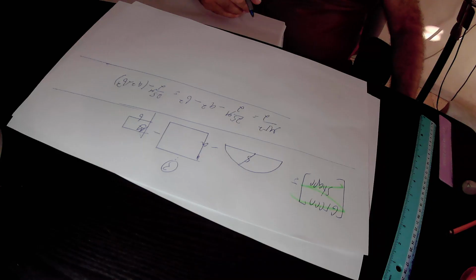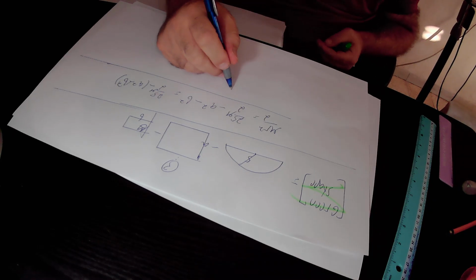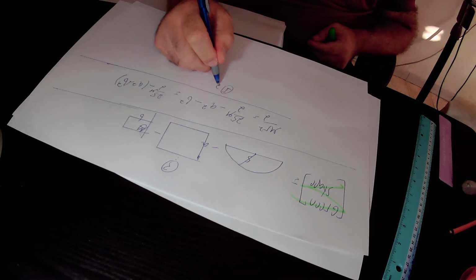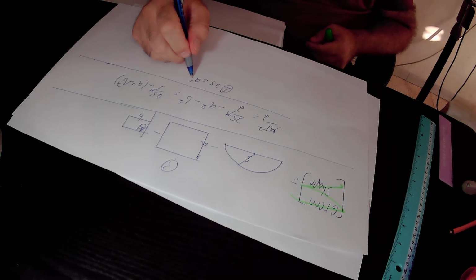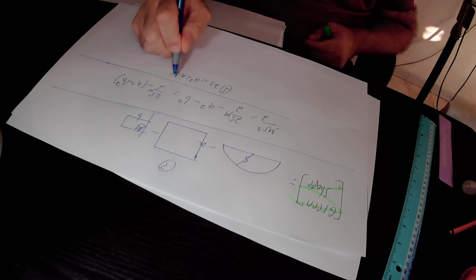According to equation 1, 25 equals a square plus a minus x square.